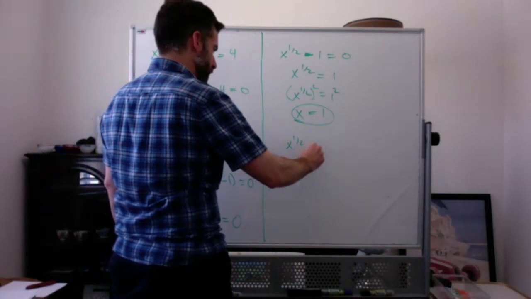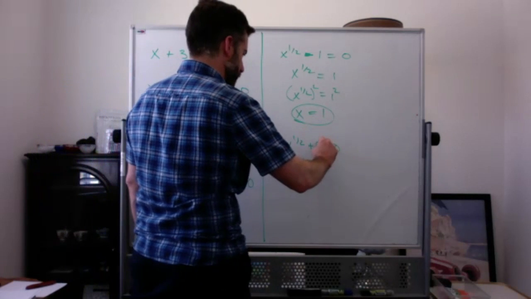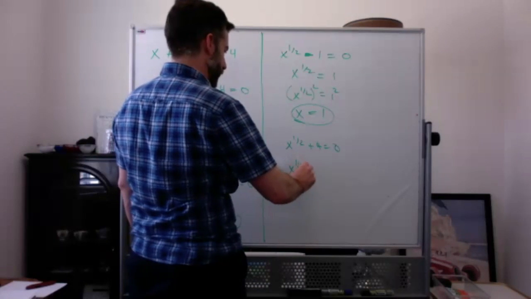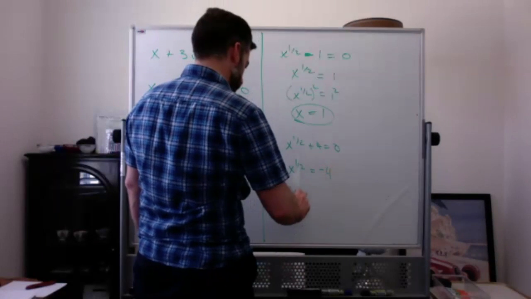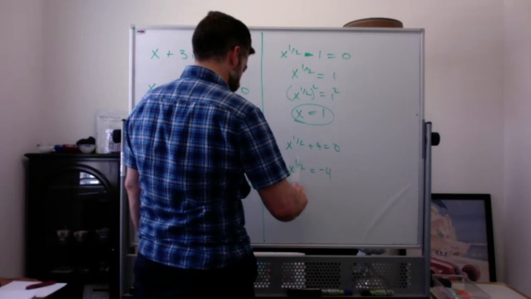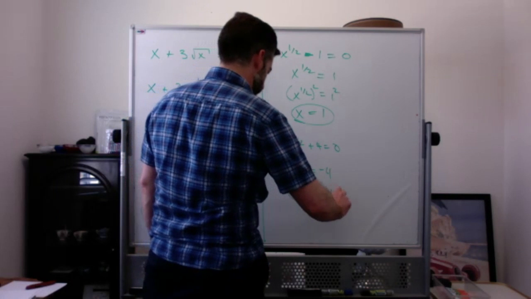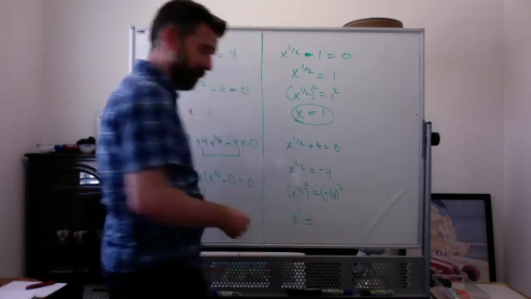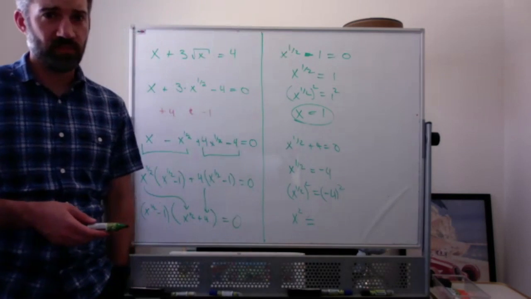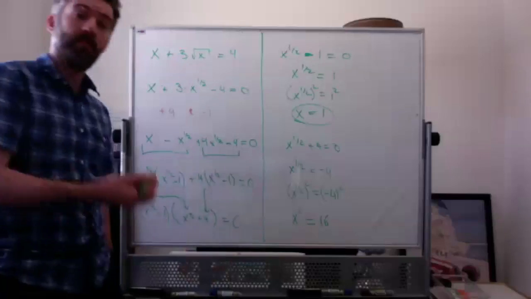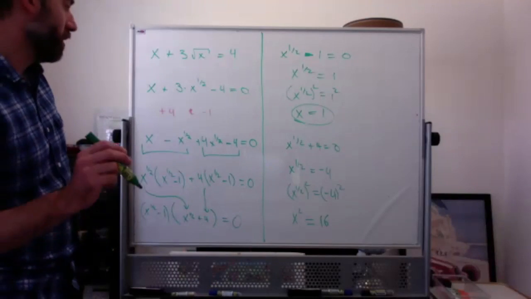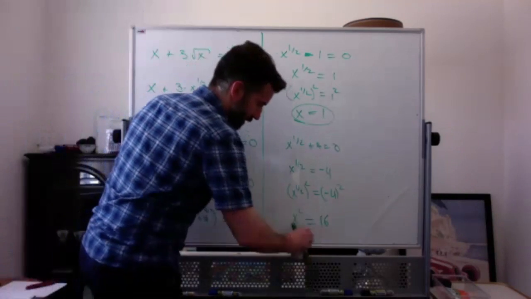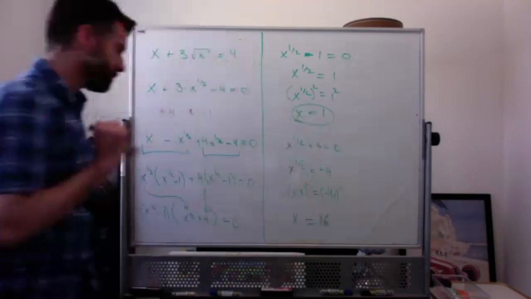X to the 1/2 plus 4 equals 0, so x to the 1/2 equals -4. Square both sides. X to the 1/2 squared equals -4 squared. Somebody tell me, what's -4 quantity squared? 16. Yeah. And just for emphasis, I'm going to say +16. Sorry, that should be x, not x squared. X is equal to 16.